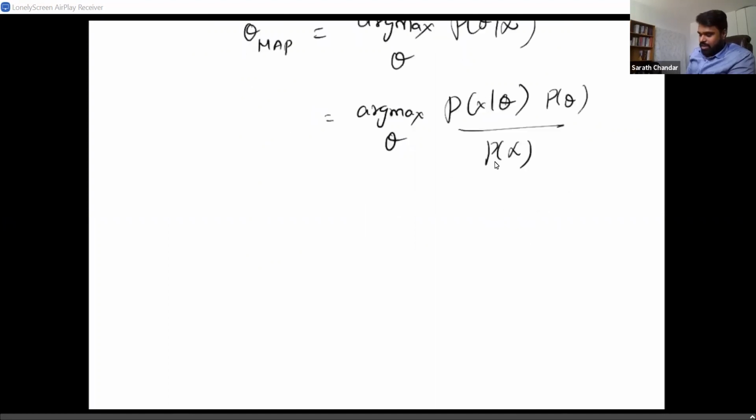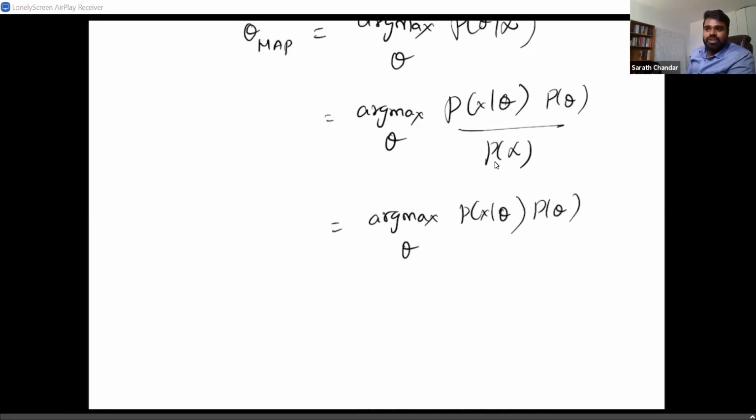Now, we see that P of x is independent of theta, so there is no use in adding this term when we are just maximizing over theta. So I could just remove it. So this becomes argmax over theta, P of x given theta, P of theta.